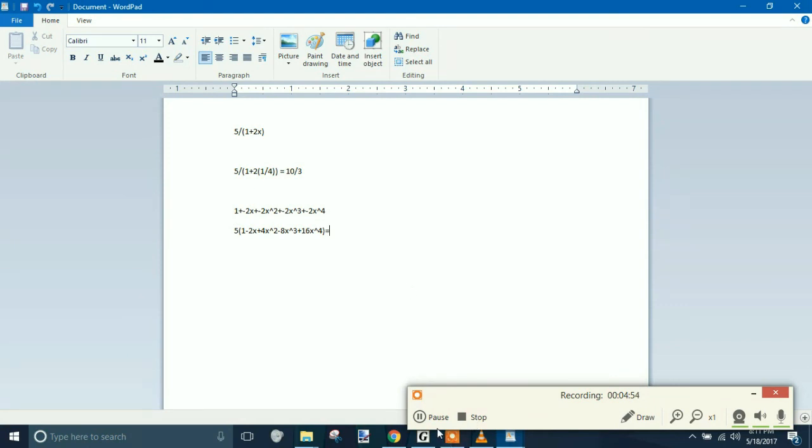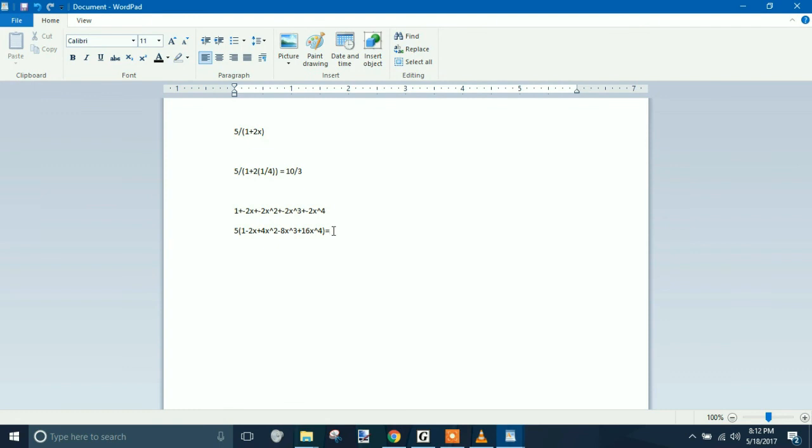You can plug this into your calculator like I'm about to do to get the final answer. So I'm going to quickly plug this whole thing into my calculator and solve for it at 1/4. That way we can see what doing the polynomial by hand equals. Plus 16x fourth. Okay, that seems about right. We're going to set 1/4 for x on my calculator and plug it into that equation, and we're going to see that this equals 55 divided by 16.